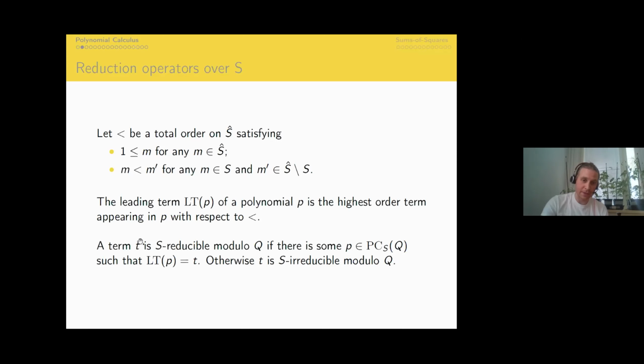And we say that a term T is reducible modulo Q if there is some polynomial provable from Q over S whose leading term is T. Otherwise the term is S-irreducible.